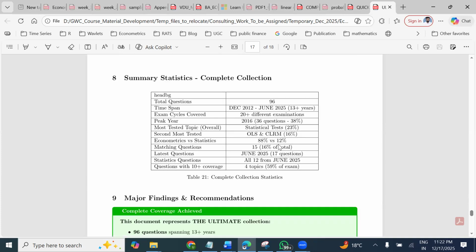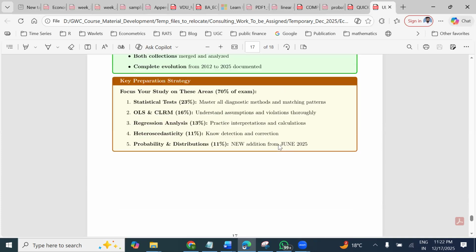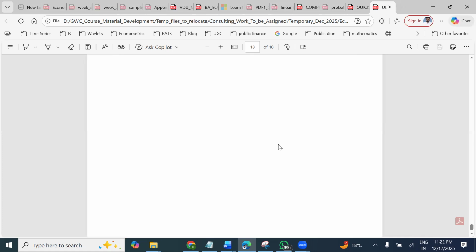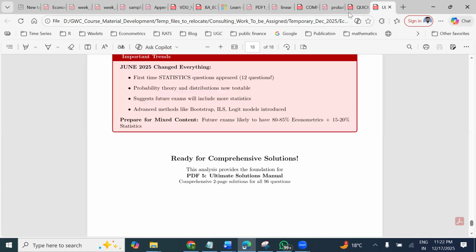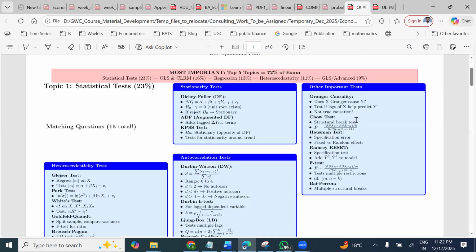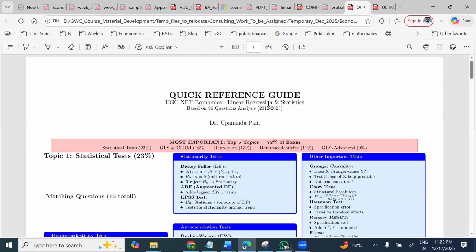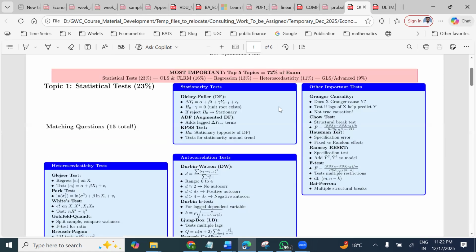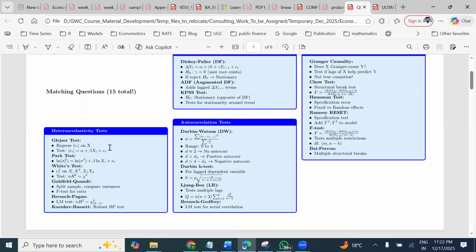Okay. This is what I thought I would discuss with you. Based on this I have prepared this quick reference guide for you, like the heteroscedasticity tests in short form. What are those tests? Glejser test, Park test, White test, Goldfeld-Quandt test, Breusch-Pagan test.